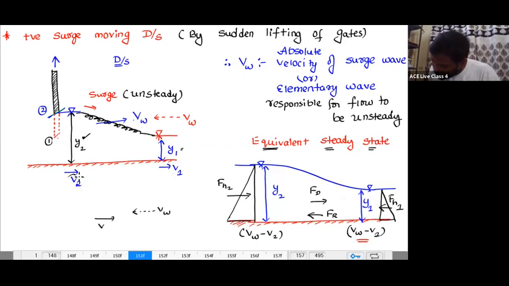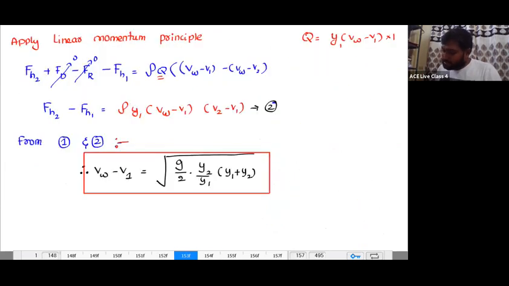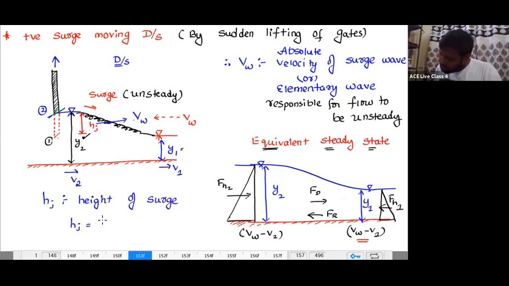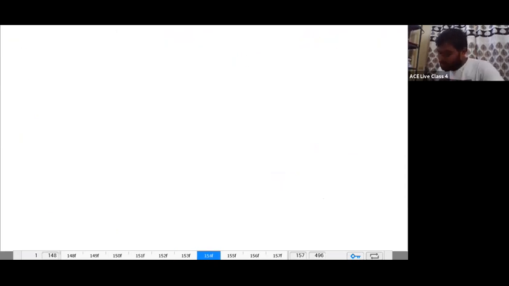And based upon the height of the surge, Y2 minus Y1, two types of surges would be there. Types of surges, that we'll be seeing.